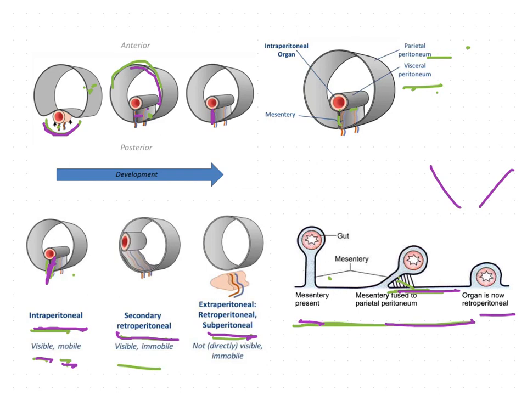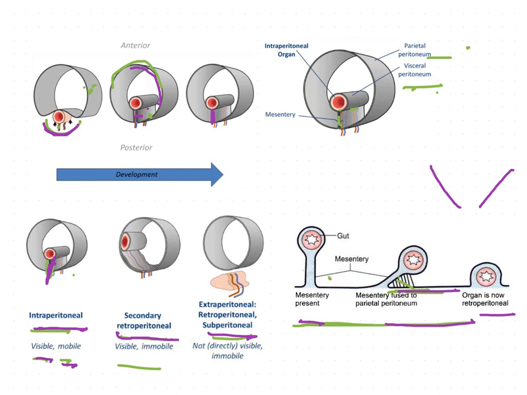So based upon the relation of the peritoneum to various organs, the visceral organs are named intraperitoneal, mesoperitoneal or secondary retroperitoneal, and retroperitoneal or extraperitoneal, and subperitoneal organs.